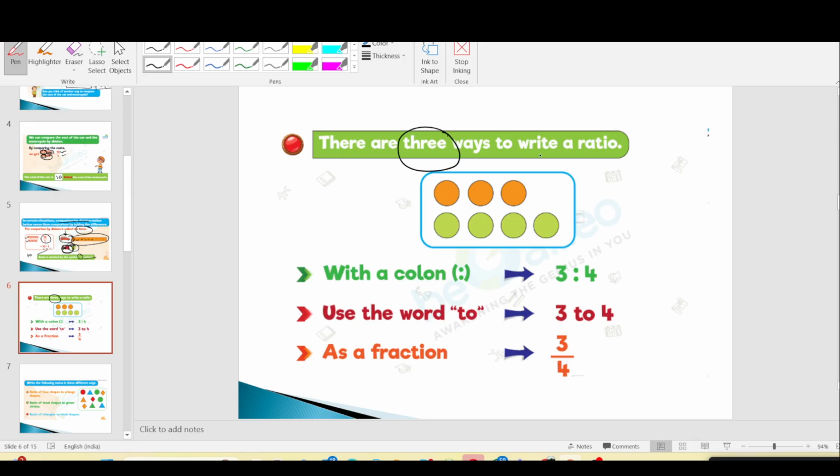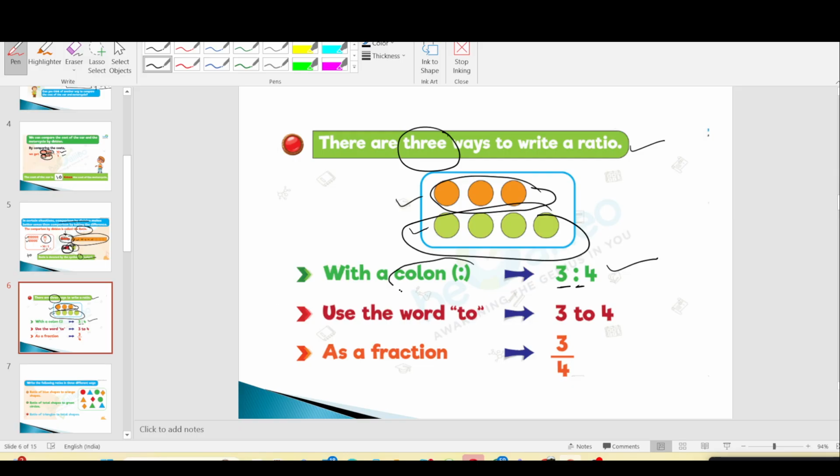So there are three ways to represent or to write a ratio. Like here, the ratio of orange balls, or let's say circles, to green is, because there are three orange and 4 green, 3 ratio 4, right?